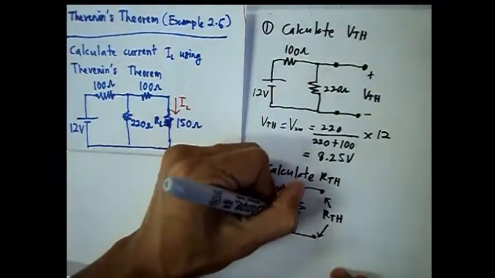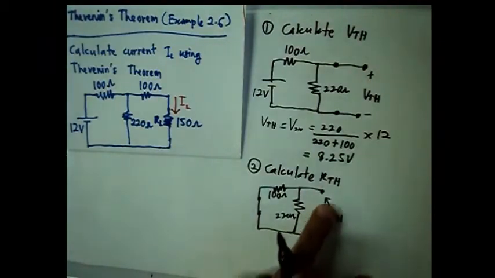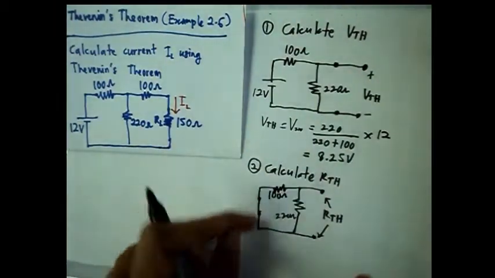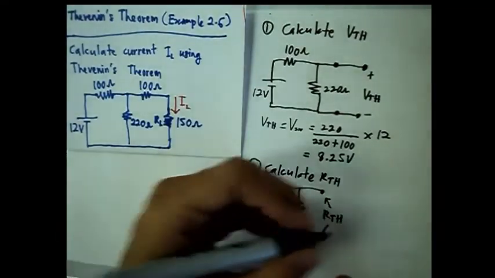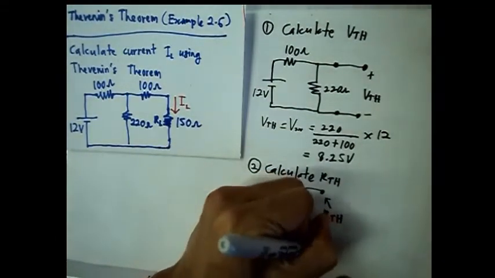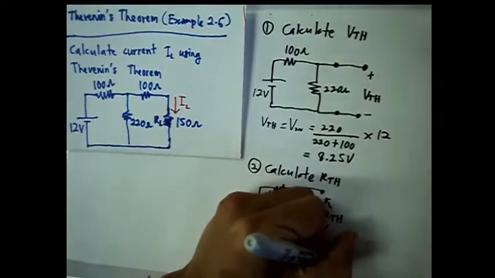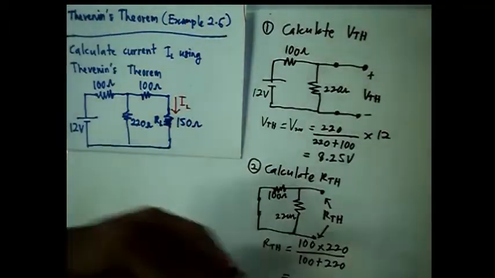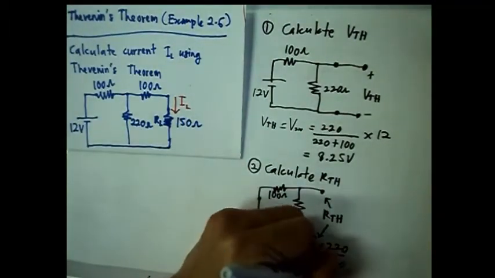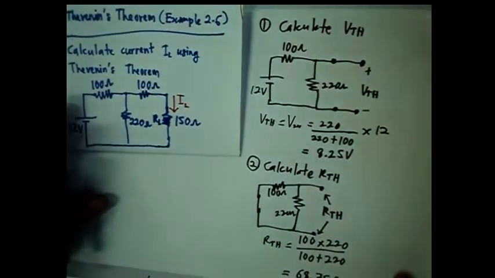So 220 ohm, 100 ohm here. By referring to this, we find that the 100 ohm and 220 ohm are actually in parallel. So RTH would be 100 times 220 divided by 100 plus 220, so 68.75 ohm. A little bit different from the previous solution.